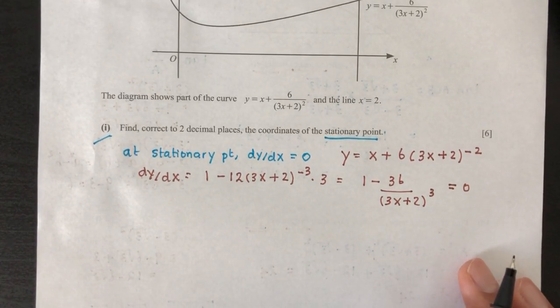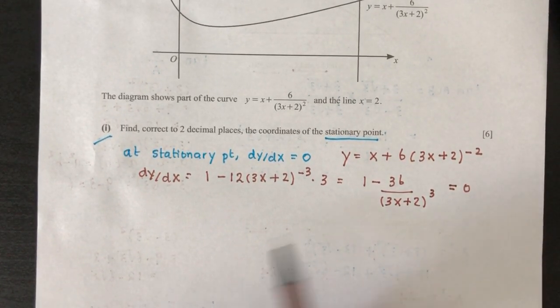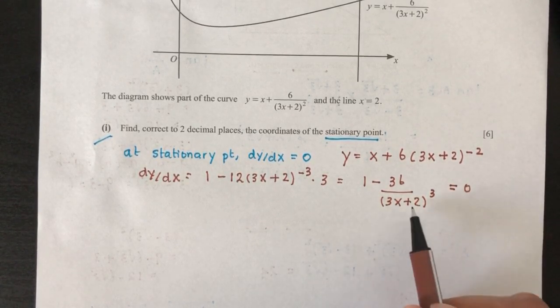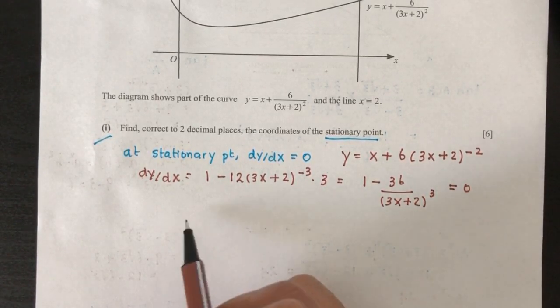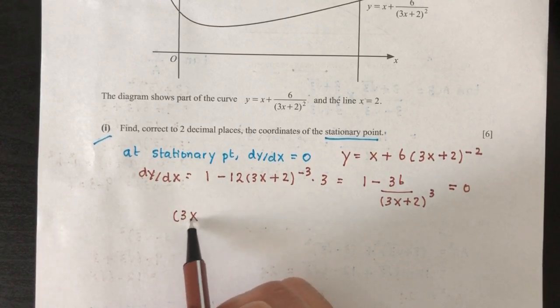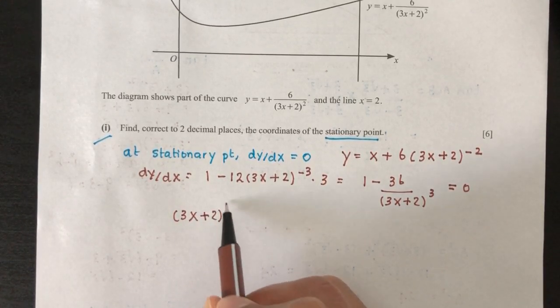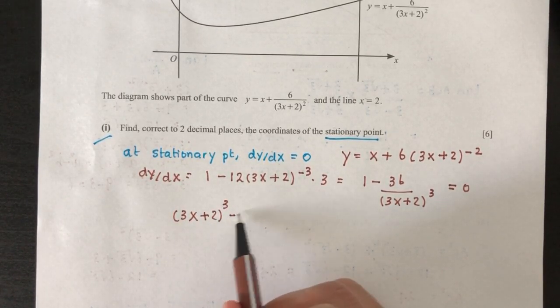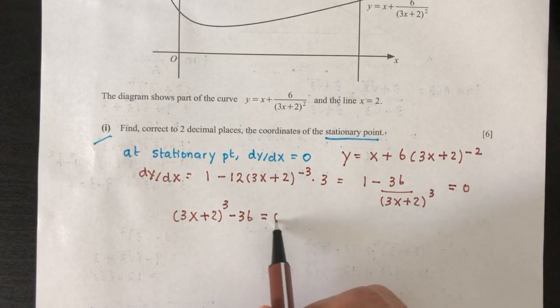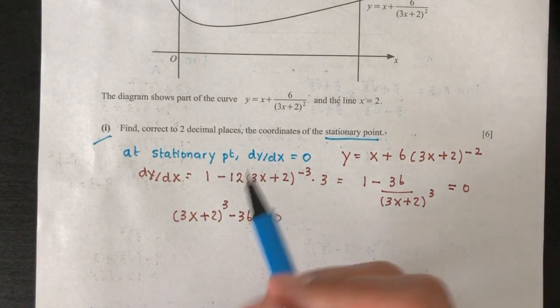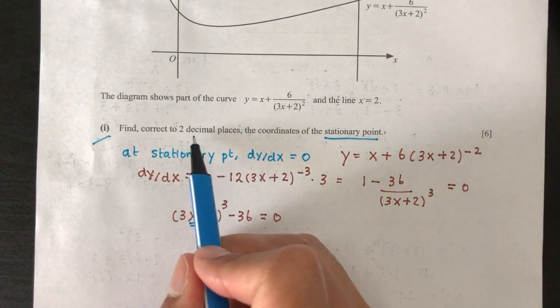So one thing you could do now is to simplify. You will multiply this by (3x plus 2) cubed everywhere to eliminate the denominator. Then you will have (3x plus 2) cubed minus 36 equal to 0. So we have to find the value of x correct to 2 decimal places.